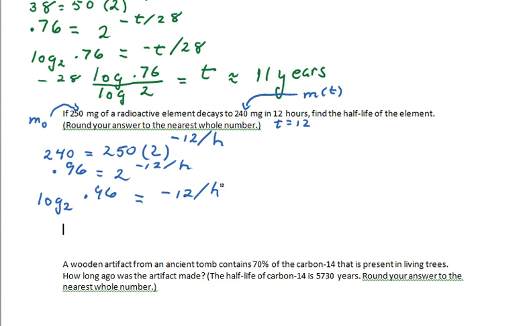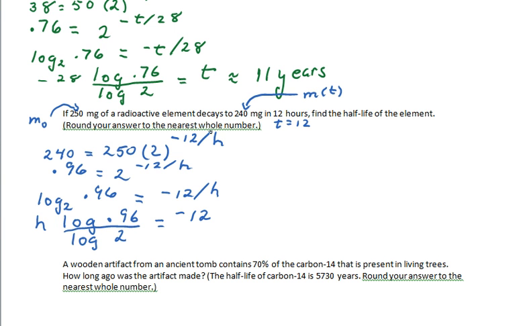So I'm going to multiply both sides by h, and I'm going to use the change of base formula on the log base 2 using common logs. So I'm going to have h log 0.96, that's a common log, divided by log 2, common log of 2, equals negative 12.